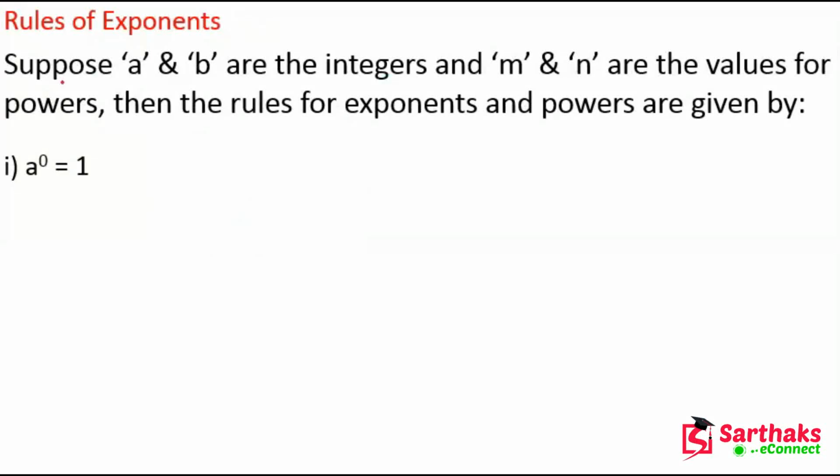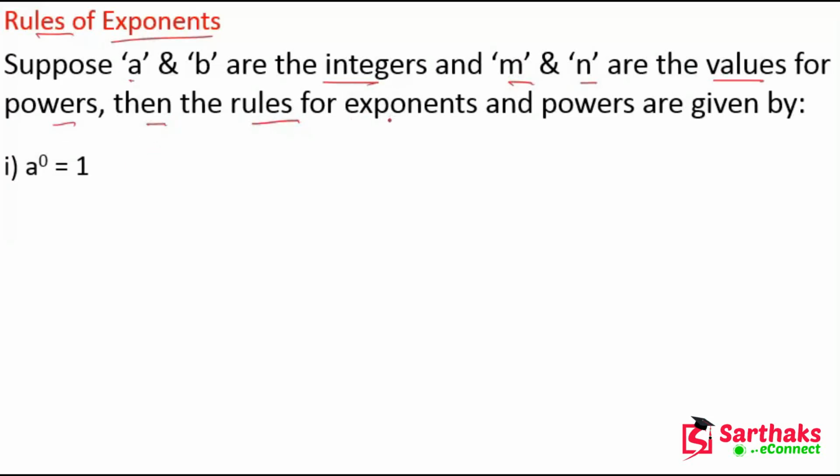Now we are going to see the rules of exponents, which help to solve problems very easily. Suppose a and b are integers and m and n are the values for powers.